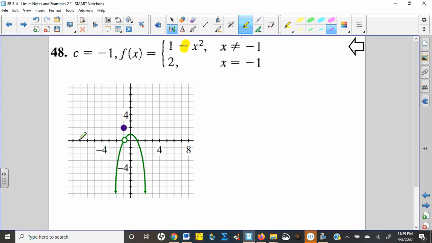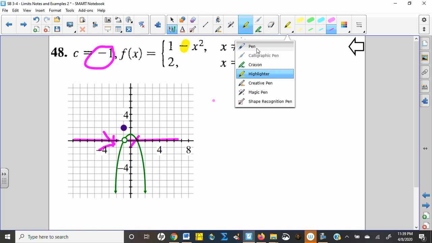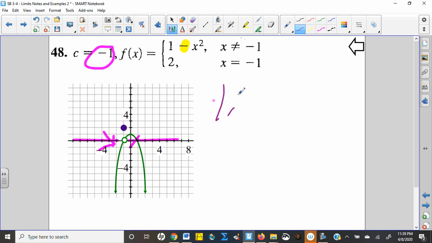It's just a hole. So as we approach negative 1 from the left, we're approaching a height of 0. And as I approach negative 1 from the right, I'm approaching a height of 0. So the limit of f of x as x approaches negative 1, that was really sloppy, sorry, is equal to 0.